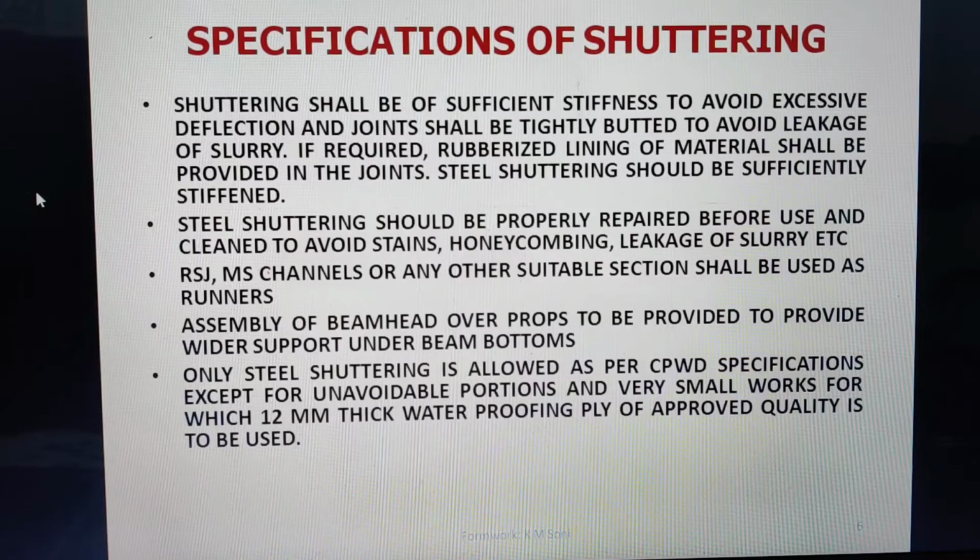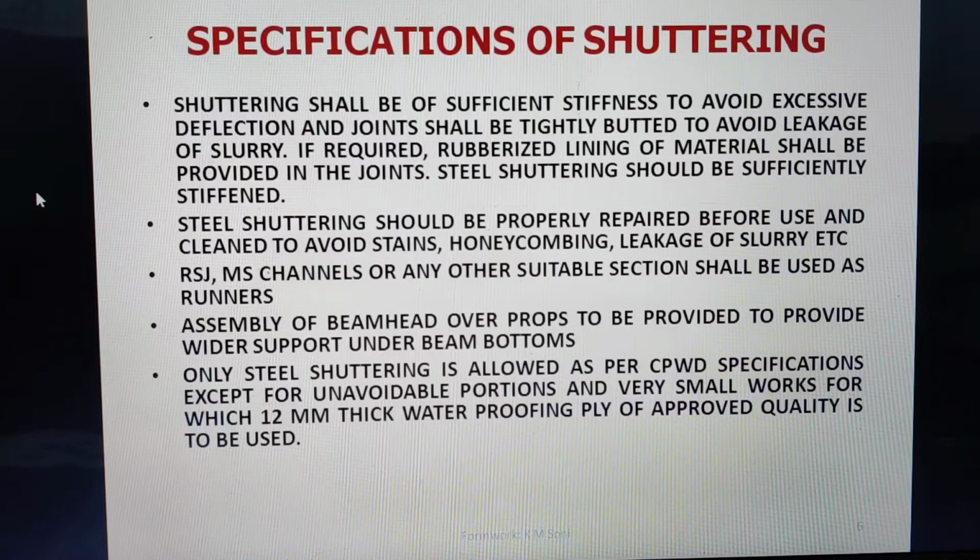And then if we talk about shuttering specifications, shuttering should be of sufficient stiffness, because when we pour the concrete, it should remain in its shape. Therefore, it should have sufficient stiffness to avoid excessive deflection, and joints also should be tight, because otherwise there is cement slurry and there will be a leakage of slurry, and then again it will affect the strength.